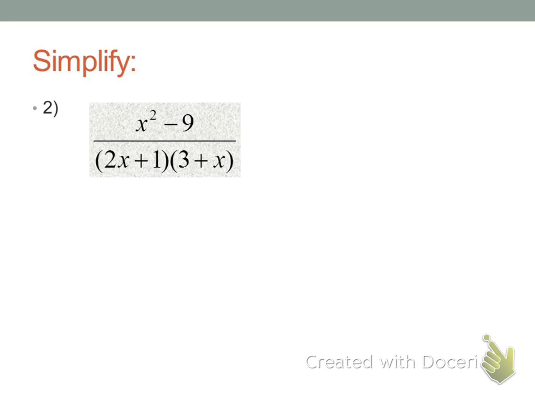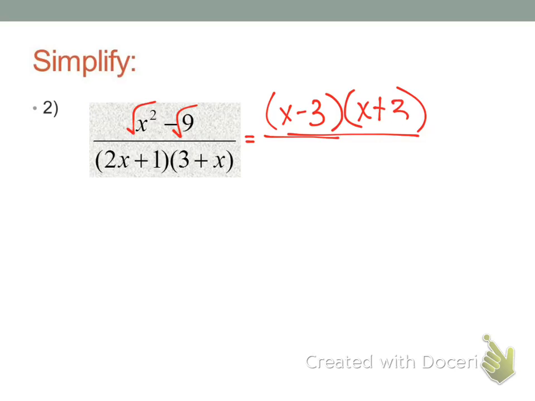How can we factor our numerator? Jamal? We use square roots. So this can factor into two binomials. What are they? X minus 3 and x plus 3.